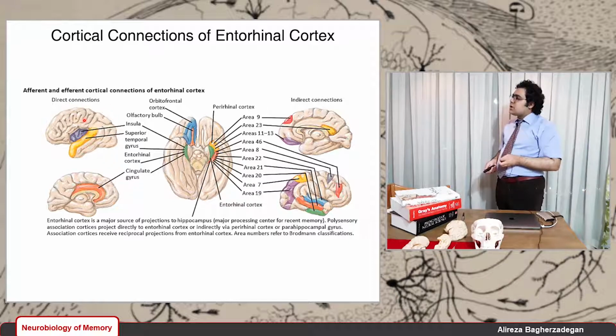Their connections are sometimes direct. For example, the insula directly contacts the entorhinal cortex. The superior temporal gyrus and the cingulate gyrus also do that, but some areas are connected to the entorhinal cortex indirectly, and you can see various areas of cortex projecting to it.